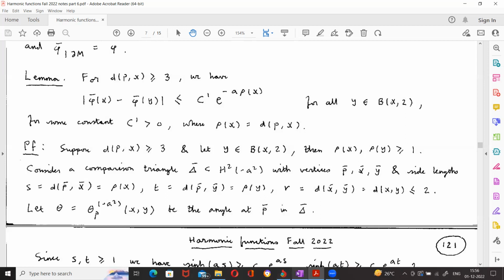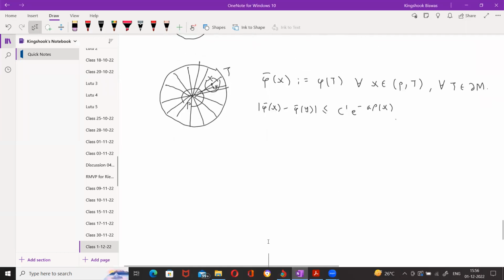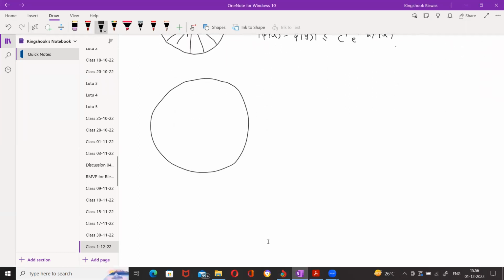Okay, so let me draw a picture. In my space, I have x, y. So this distance is s, this distance is t, and this distance is r. And let's say when I extend the geodesic from x to infinity, I get a boundary point xi, and here I get a boundary point eta.